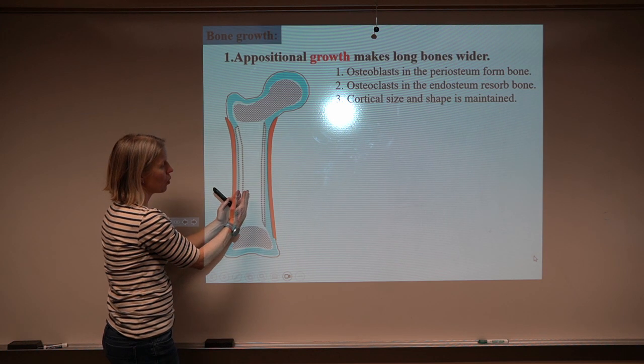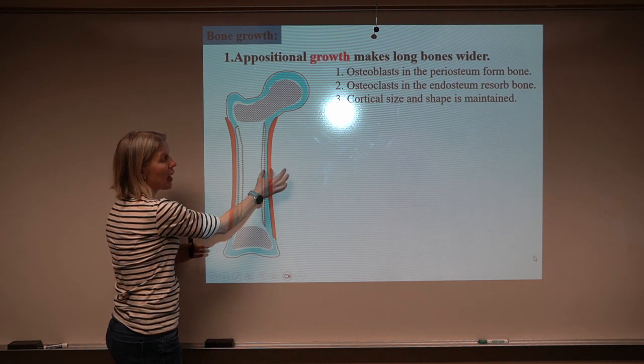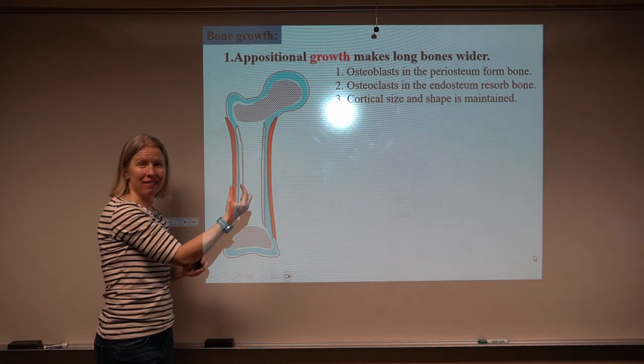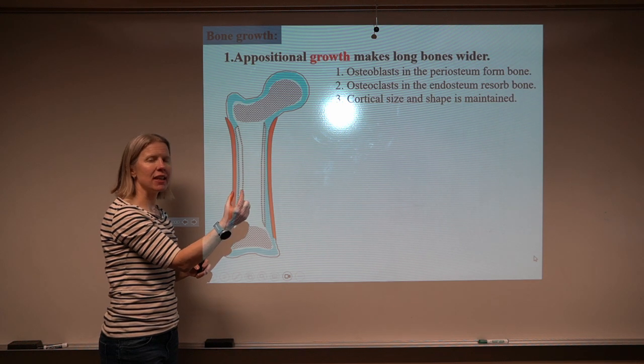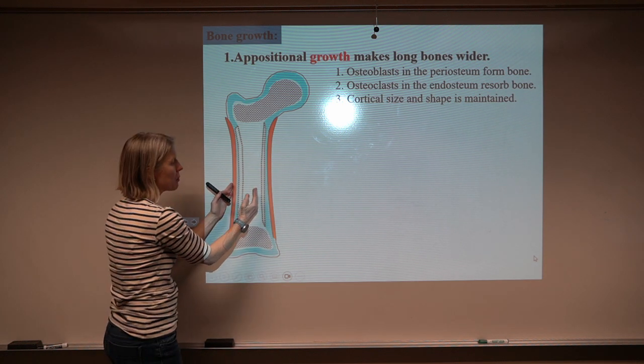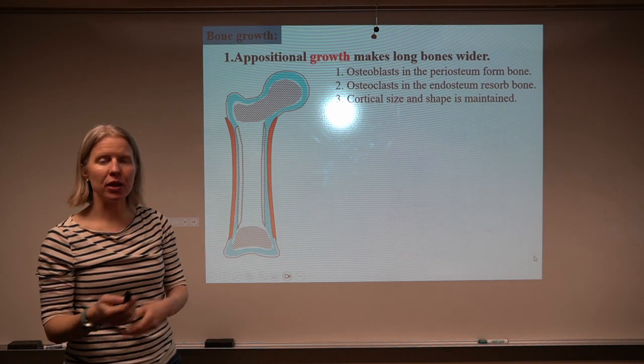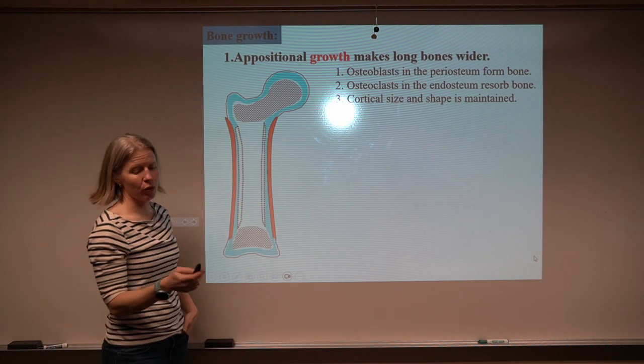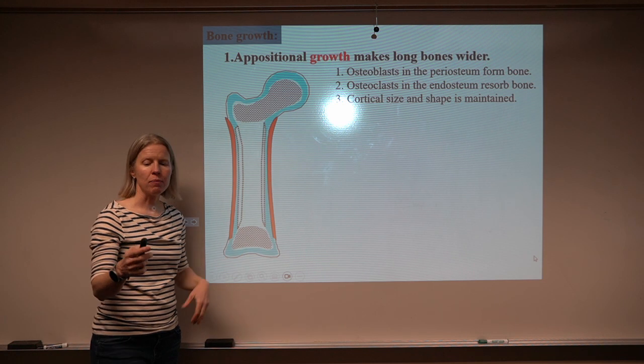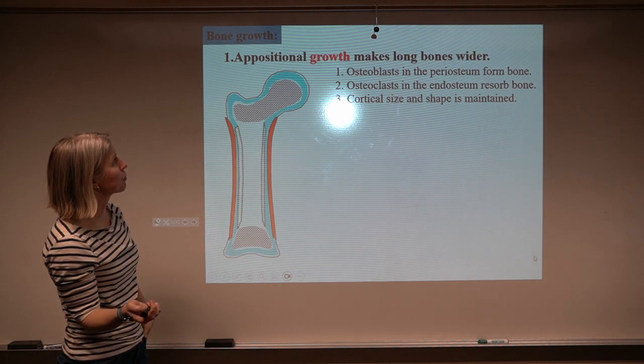So the compact bone, that ring on the diaphysis, doesn't need to get thicker, but we can make the whole bone thicker and kind of hollow out the inside. And so that is appositional growth when those bones get wider and thicker.